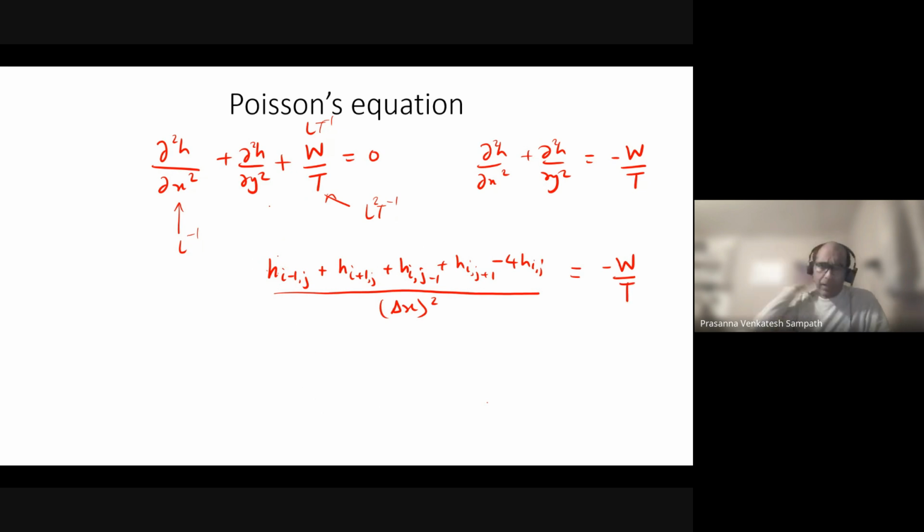And w could be, let's say, recharge. Now remember, what are we solving for? We are simply solving for h at i comma j when we do the entire process. So h i comma j equals, wait a second.